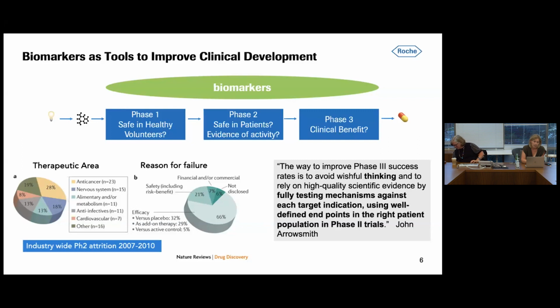So the key takeaway is, by the time we move molecules into phase 3, we're really not sure about a lot of things yet. We're not sure about the dose. We're not sure about the molecule hitting the target. We're not really sure that we have the right patients. Biomarkers can really help address these questions early on so that phase 3 will have a bigger chance of success.